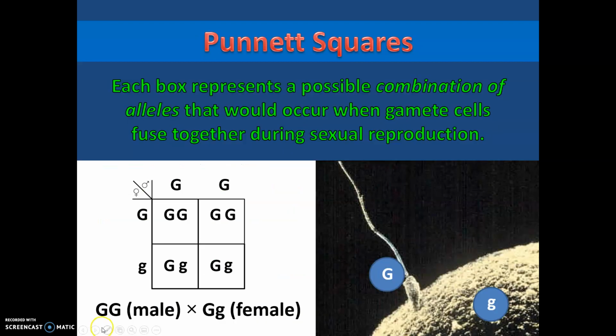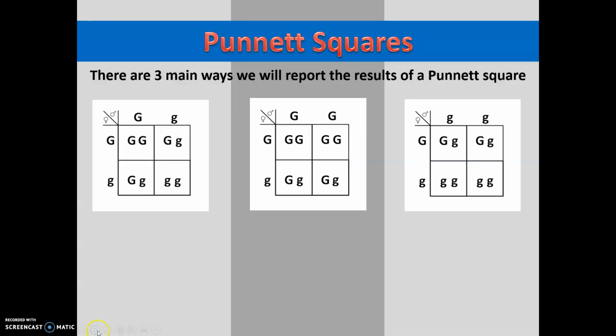Each box represents a possible combination of alleles that would occur when gamete cells fuse together during sexual reproduction. So here we have our male and our female, and what they can give to their offspring, and then the possible combinations of the offspring. There are 3 main ways to report the results of a Punnett square.